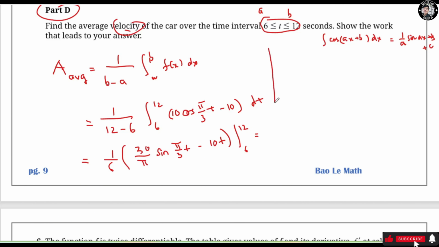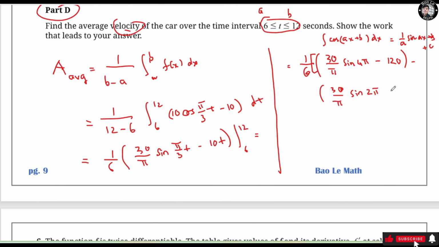So it's going to be 1 over 6. Substitute 12 for t. So we have sine of 4 pi minus 10 times 12 is going to be 120. Substitute 6 for t. So it could be 30 over pi sine of 2 pi minus 60.